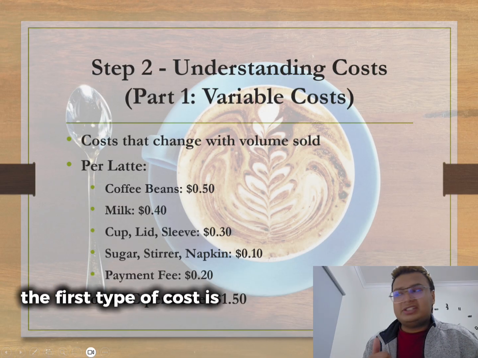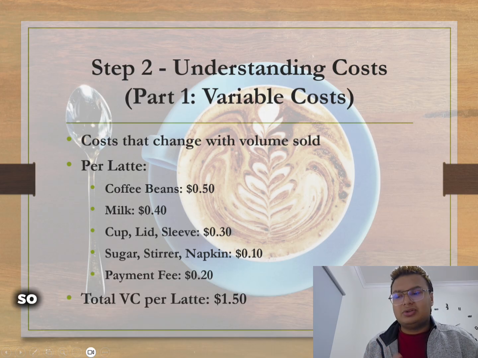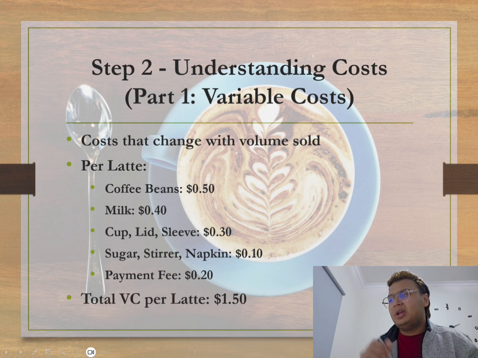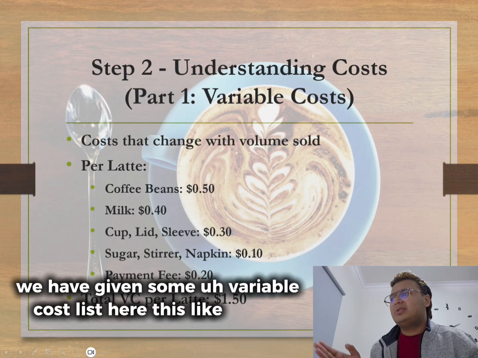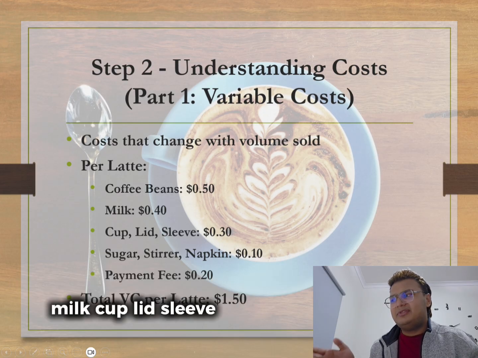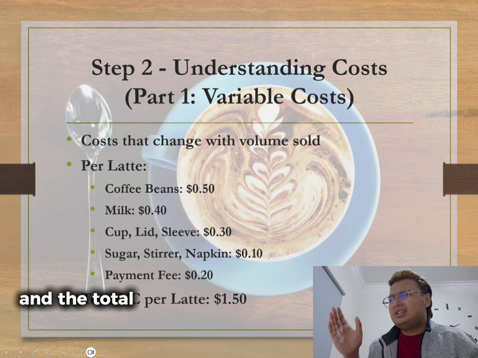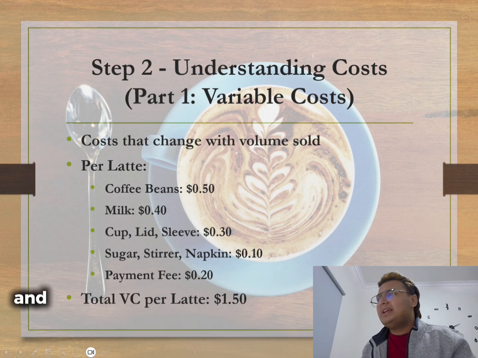So let's talk about cost. The first type of cost is variable cost, which depends on the units we sell. So there is a cost for each unit. We have given some variable costs here, like coffee beans, milk, cup, lid, sleeve, sugar, napkin, payment fee, everything, and the total variable cost here we are taking is $1.5. And there is fixed cost.